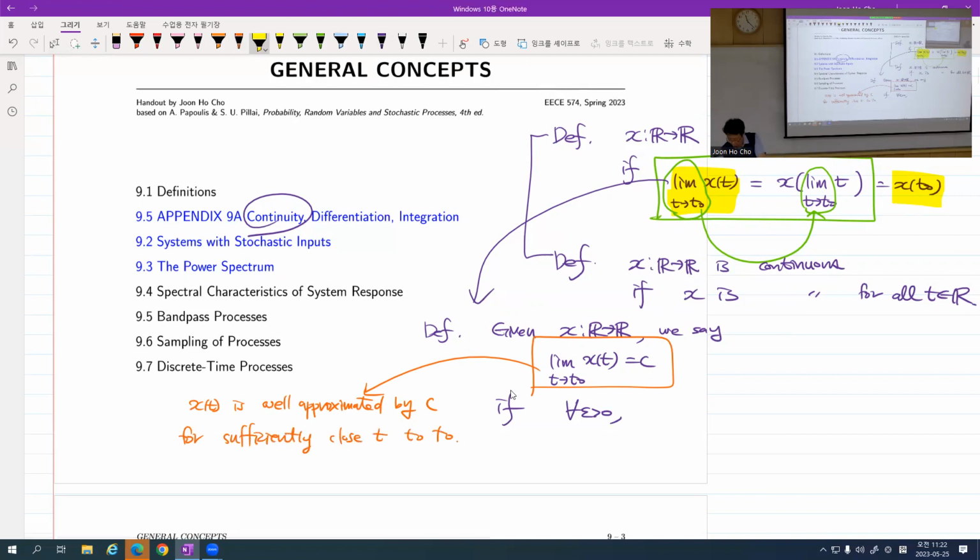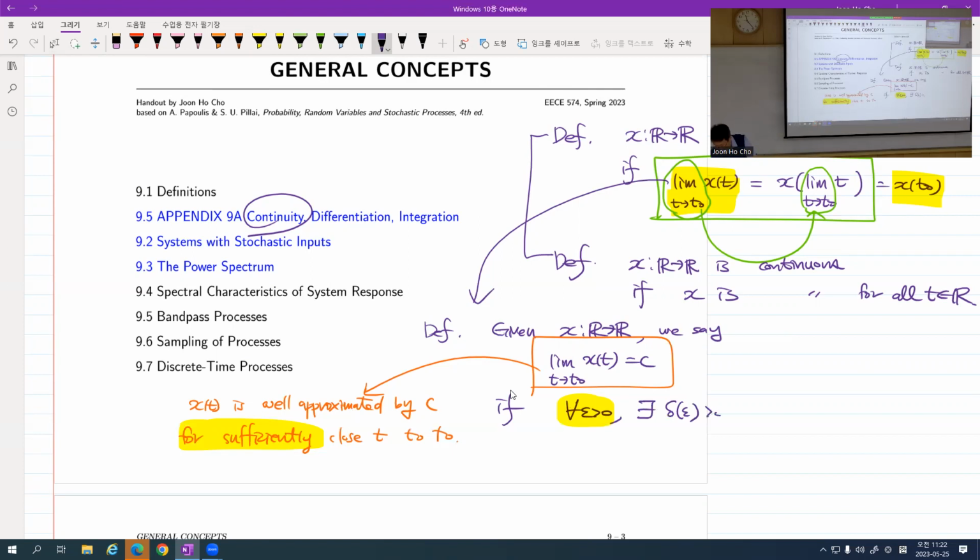Got it? So again and again, this for every epsilon positive spell and for sufficiently something appears again and again in our introductory analysis. So we want to mathematically precisely define this notion by stating something here. What do we do? There exists delta of epsilon. So the value delta is chosen after you choose epsilon.